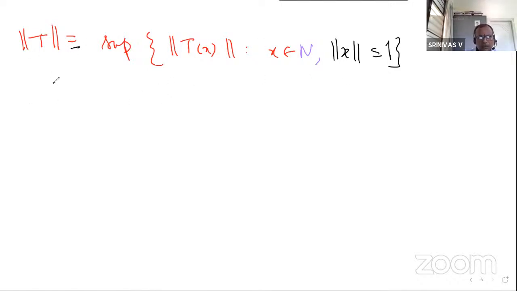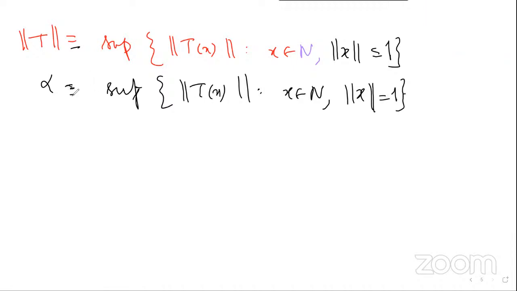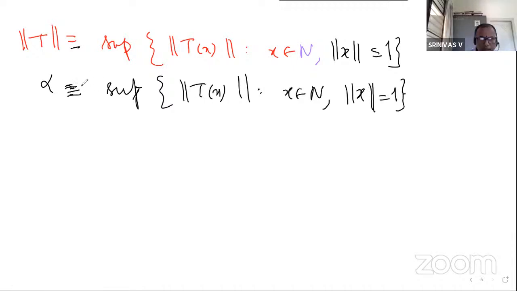And then we consider alpha, the sup of norm Tx such that x belongs to N and norm x is equal to 1. This is the definition.